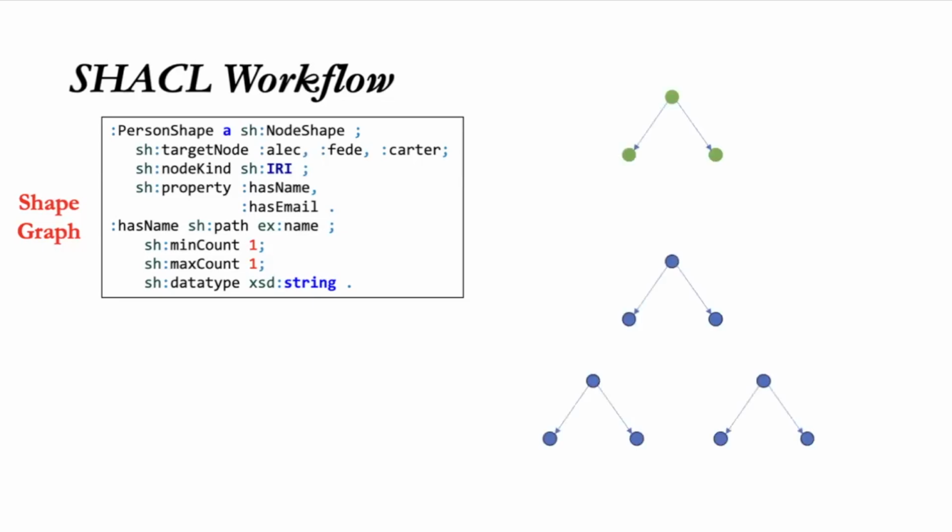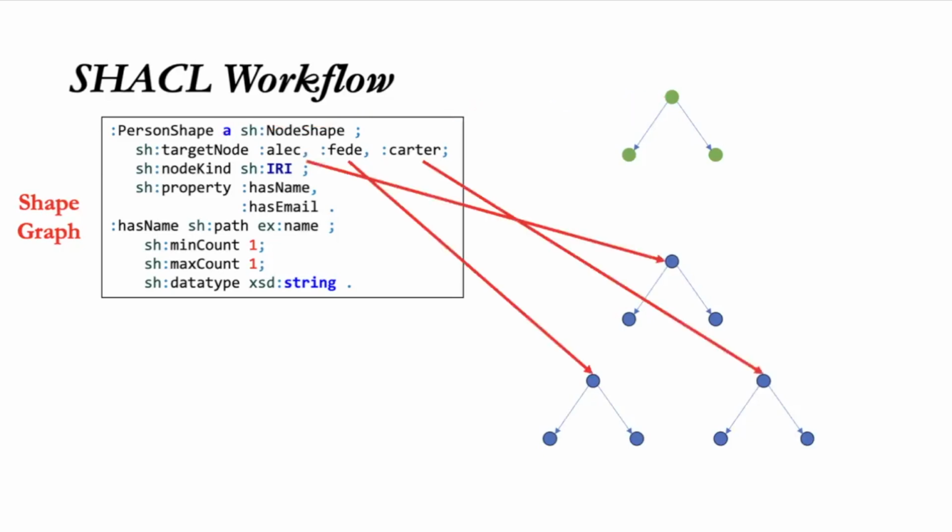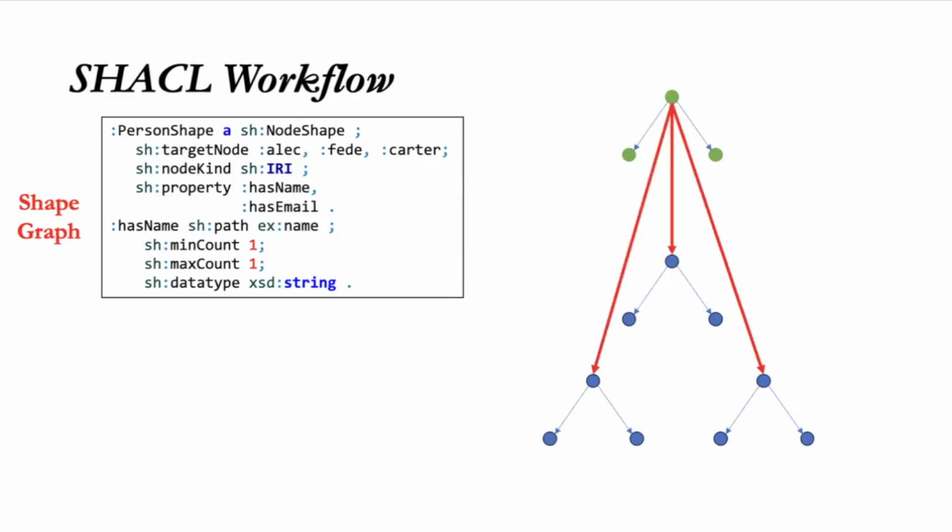Here's the graph that you're looking for up at the top. Here, the RDF graph is at the bottom. You see the person shape node over here at the top corresponding to these specified named nodes in the RDF. So far, so good.